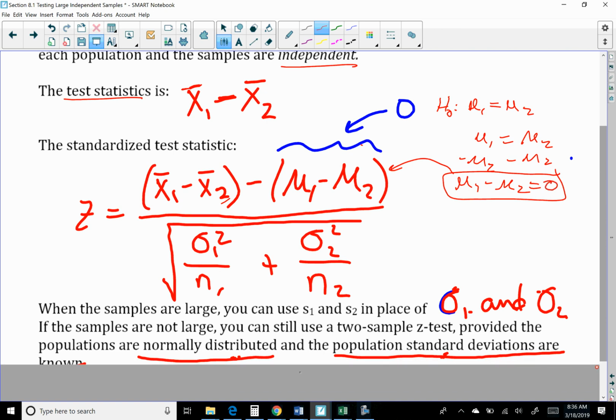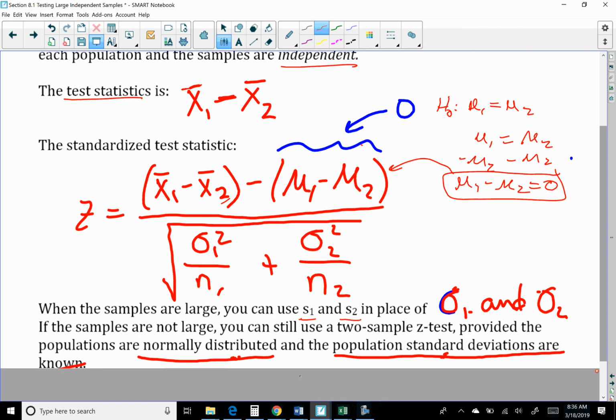Now, when the samples are large, you can use S1 and S2 in place of the population standard deviations for both populations. Remember that? We've talked about that in the past, right? Our sample standard deviation S1 and sample standard deviation S2 can be used in place of the population standard deviations if the samples are large, meaning greater than or equal to 30.